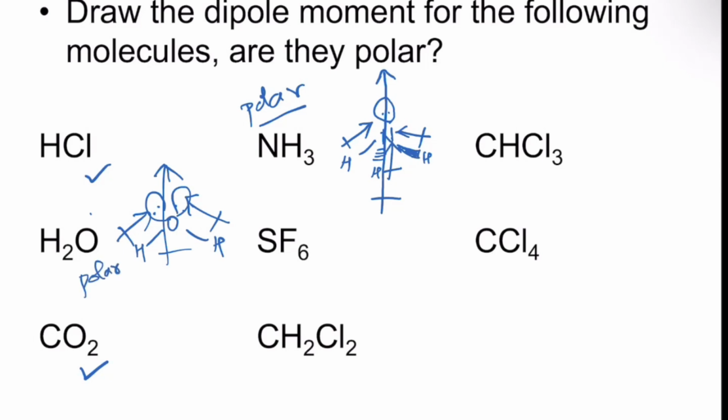Okay. Let's take a look at CHCl3. And this should answer your question, Logan, whether the arrow ever points inwards. You see, in these ones, the more electronegative atom is sitting at the center, so the arrow points inwards. In this one, this molecule looks like this.